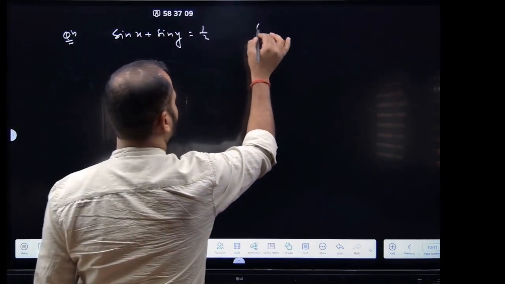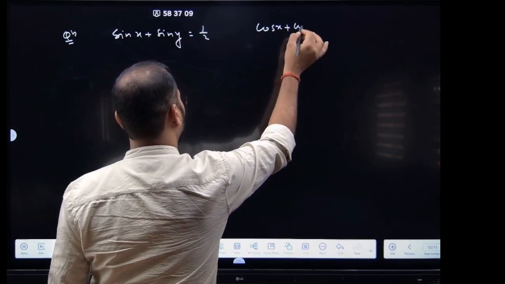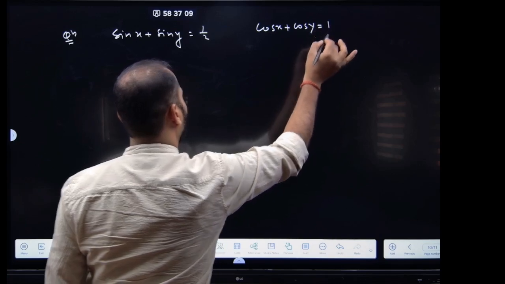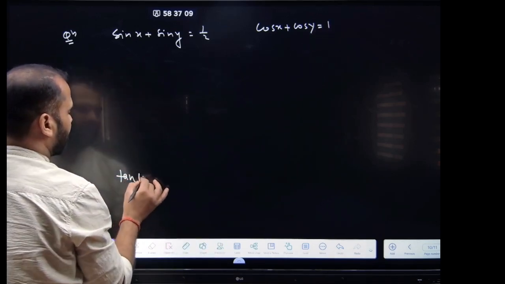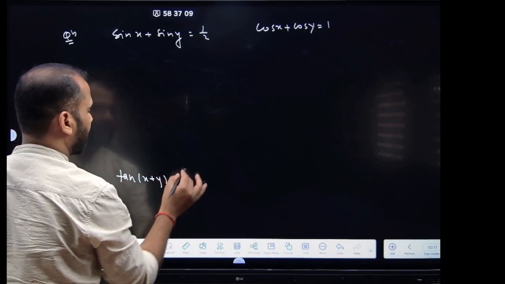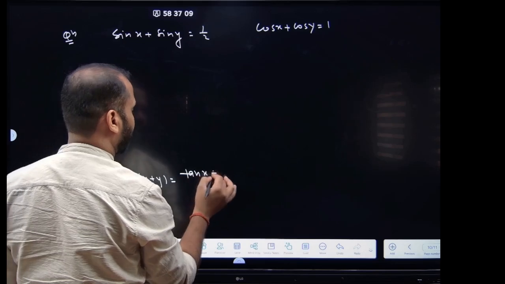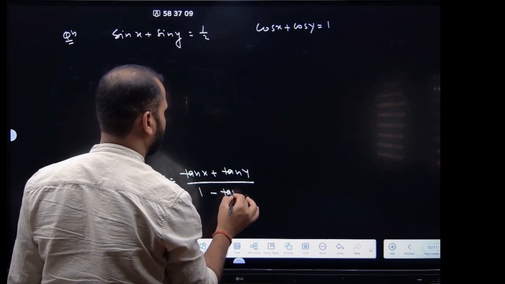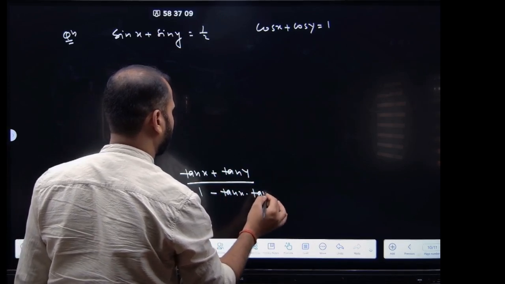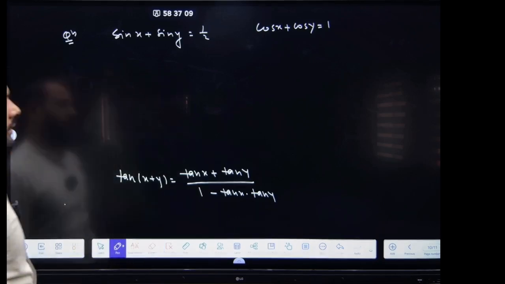And the second one is cos x plus cos y, what is the answer? 1. And we want tan x plus y, right? So tan x plus y. One thing is, this formula will be tan x plus tan y divided by 1 minus tan x into tan y, correct?